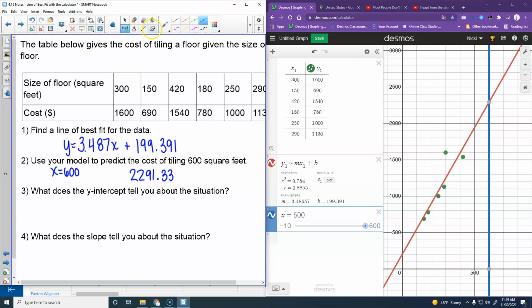And actually on this one, let's round to 2 places. Why would we round to 2 places on this? It is cost, so this would be money. So in general, rounding money to 2 places is what we want to do. So 600 square feet would cost you $2,291.34.